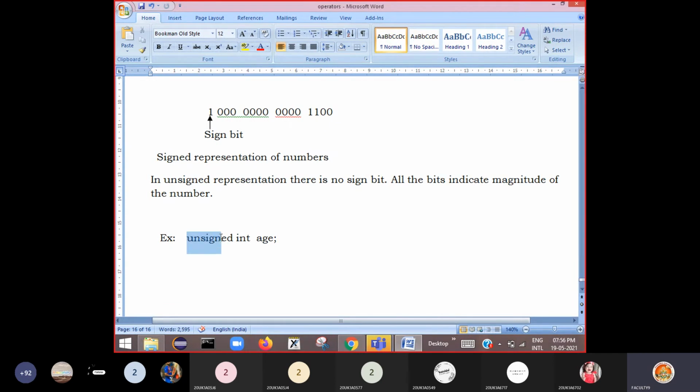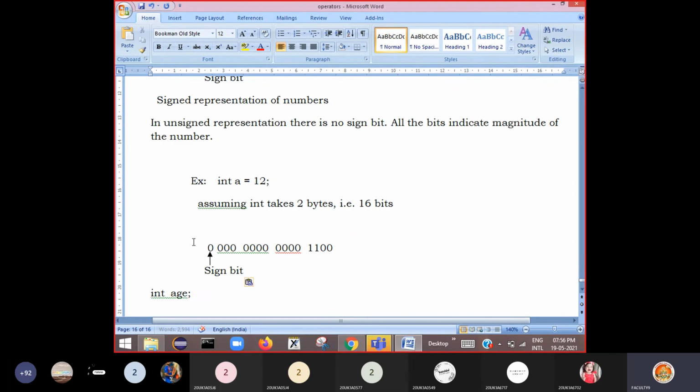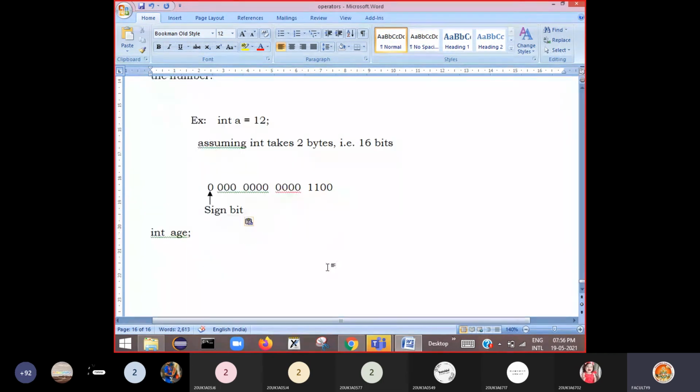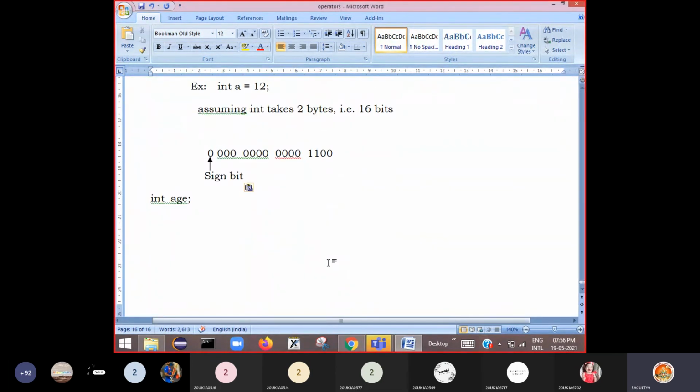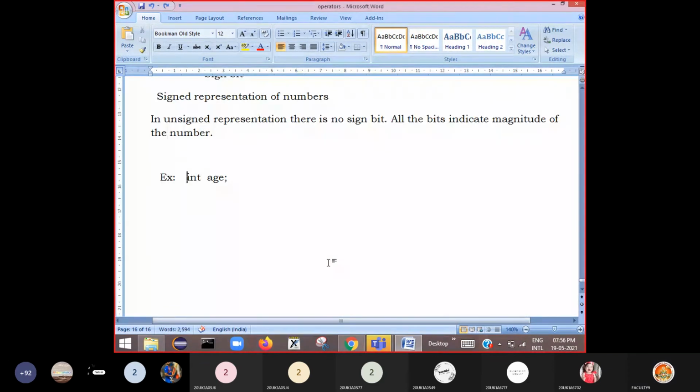For example, you can use the keyword signed or unsigned. When it is signed, there is no need to write signed. When you just say int age, by default it will be taken as a signed integer. Explicitly, if you want to make the variable unsigned, then you have to add the keyword unsigned.